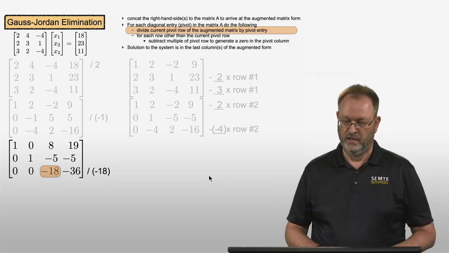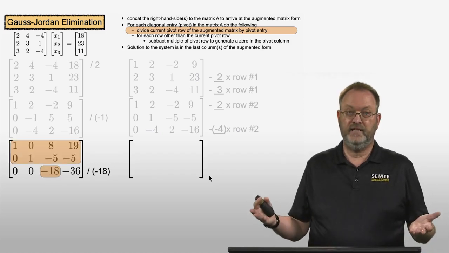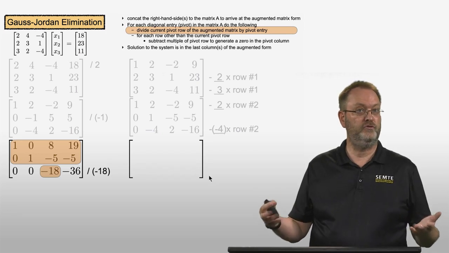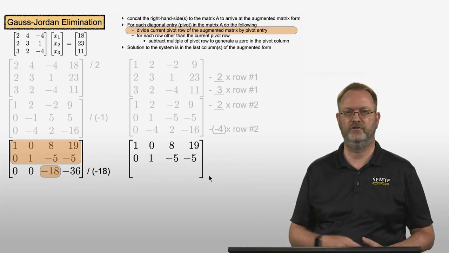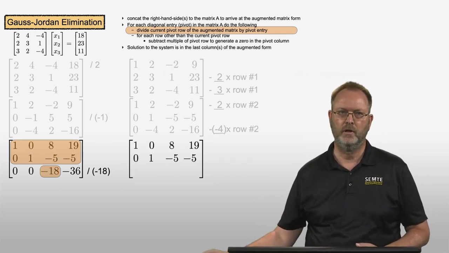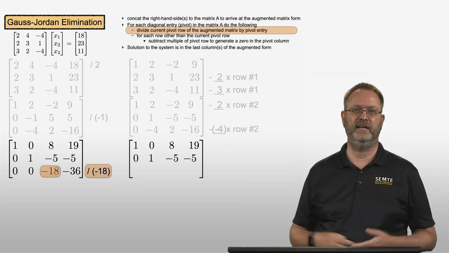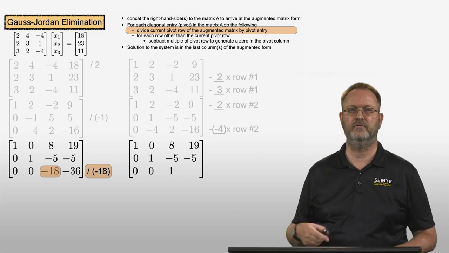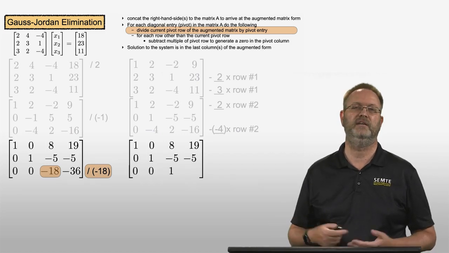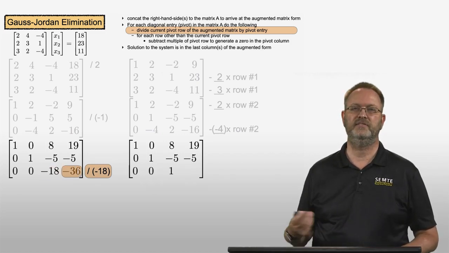Okay. So I'm not going to do anything in this step for the first 2 rows, so I'm just going to move them over into my intermediate result. And now I'm going to divide the third row by the pivot entry, -18, so I get 0, 0, -18 by -18 is 1, and -36 divided by -18 is just 2.